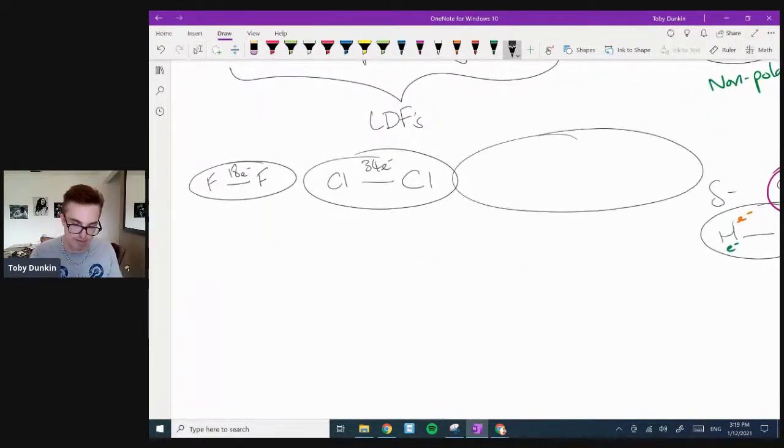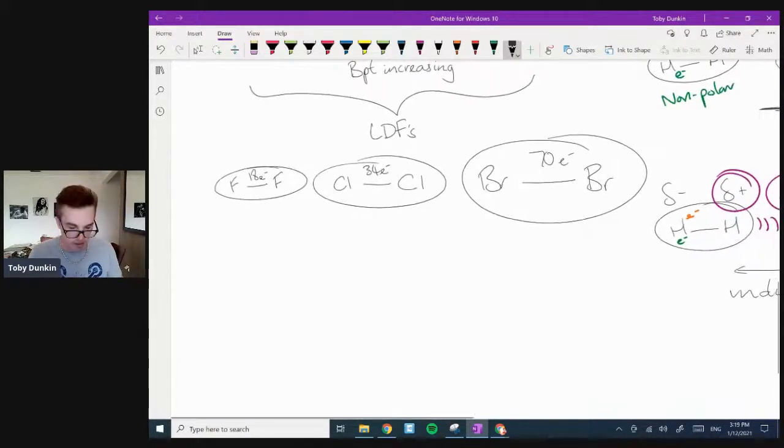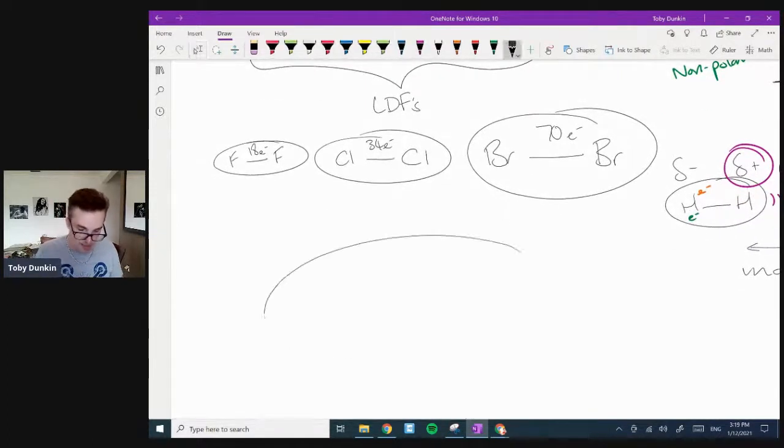The description is slosh. I'm going to add bromine. Bromine's even larger. Each bromine has 35 electrons, which means there are 70 electrons in this cloud. And then iodine, blimey, iodine's enormous.